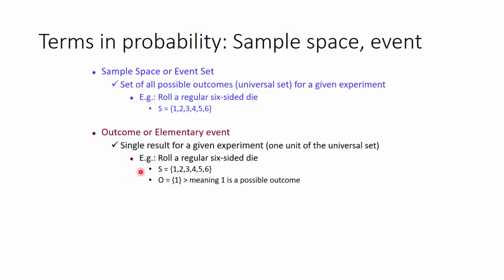So the universal set of rolling a die has 6 possible elements. And now if you have a set which has only one of those elements, then it becomes an outcome. In this example, O is defined as a set with the outcome 1, the face of 1 alone coming up. So that becomes an elementary event.